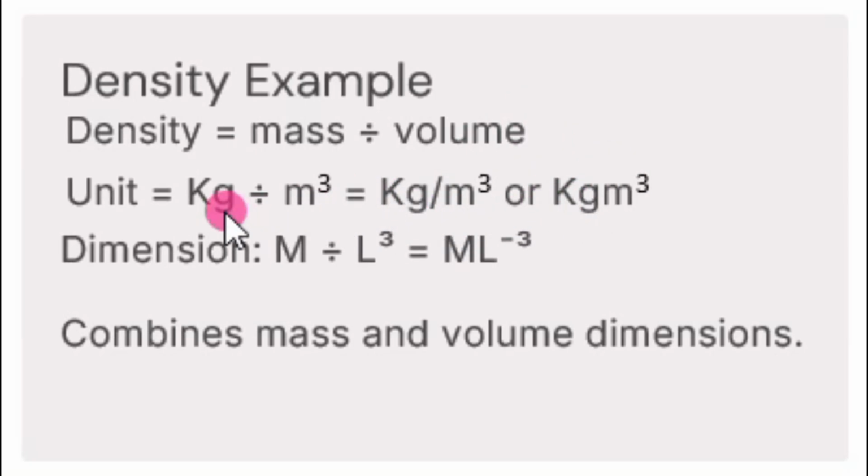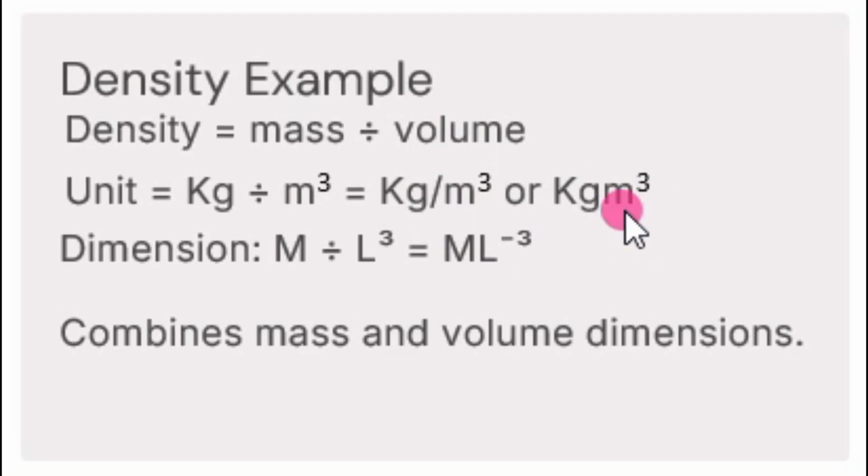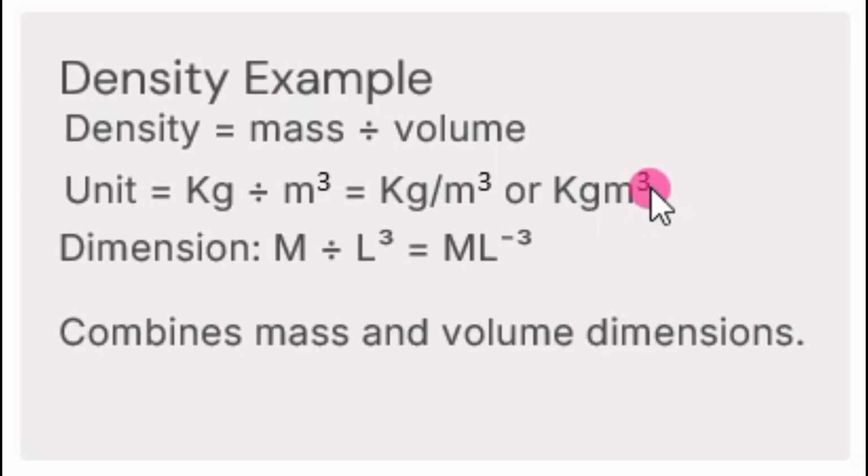Now when you divide this, you have kg all over meter cube. If you don't want this slash here, you can just turn it to minus. So this will be kg per meter cube. So let's proceed. For the dimension, you have kg.